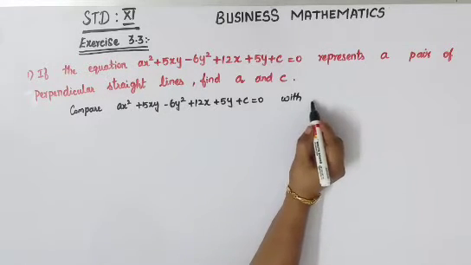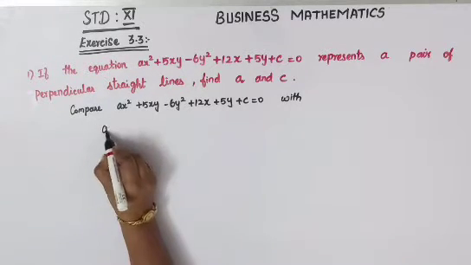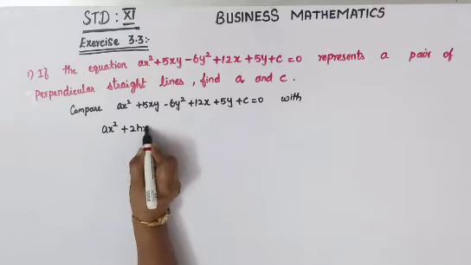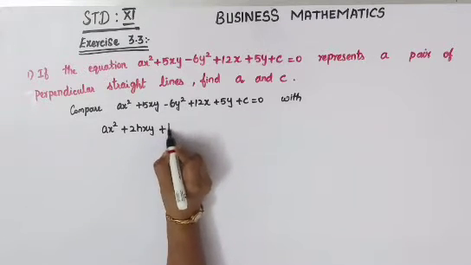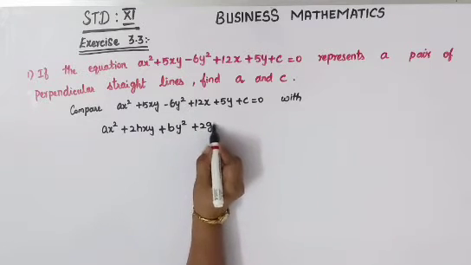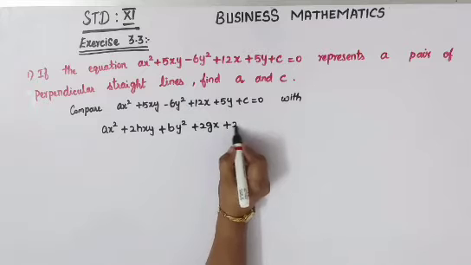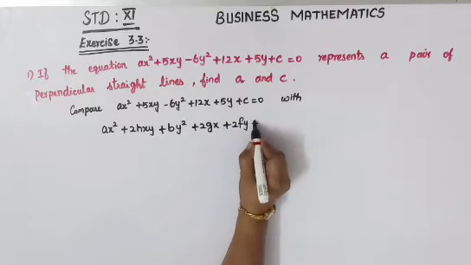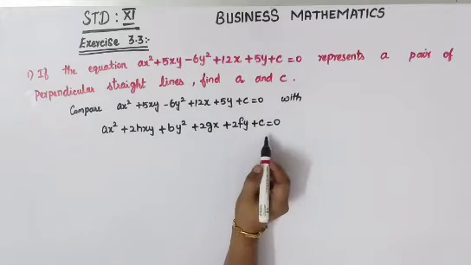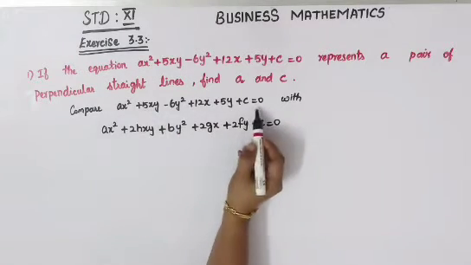The general equation is ax² + 2hxy + by² + 2gx + 2fy + c = 0. This is the general equation, and this is the question that is given to us.